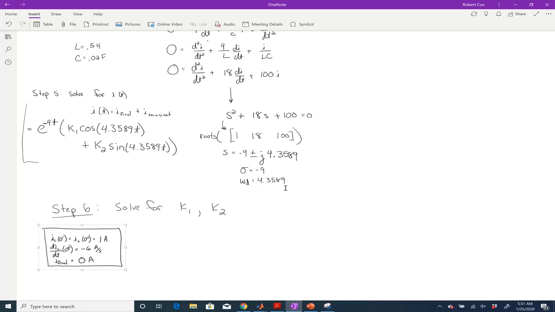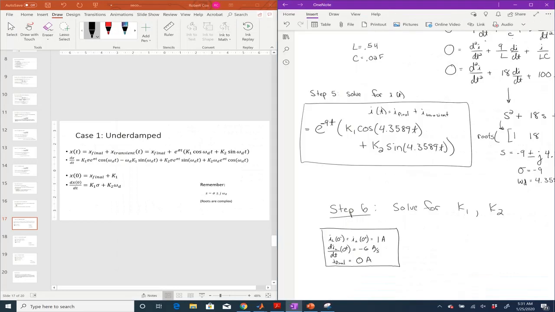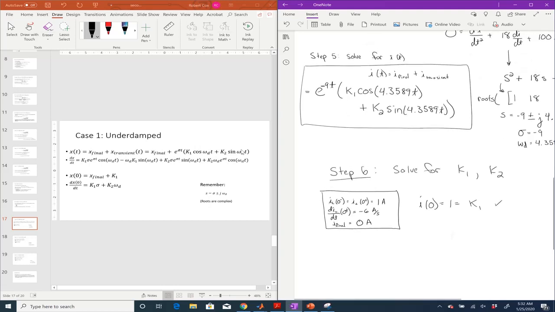If I plug t equal to 0 into this expression, the cosine term becomes 1 and sine of 0 becomes 0. So I of 0, which is 1 amp, has to be equal to I final, which is 0, plus K1. So K1 is equal to 1.